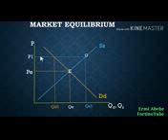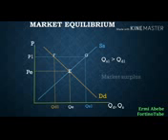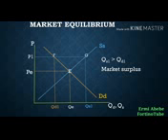It goes up to this point of intersection, then we bring it down, and from the x-axis we can find quantity supplied 1. After we find the two, the step is to decide which one is greater. So quantity supplied 1 is greater than quantity demanded 1. What does this mean? The amount of supply that the sellers or the producers supply to the market is greater than that of the demand side, which means the market has a surplus.